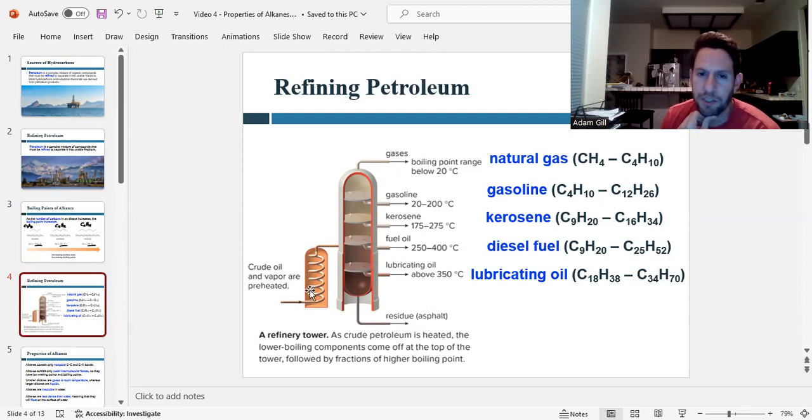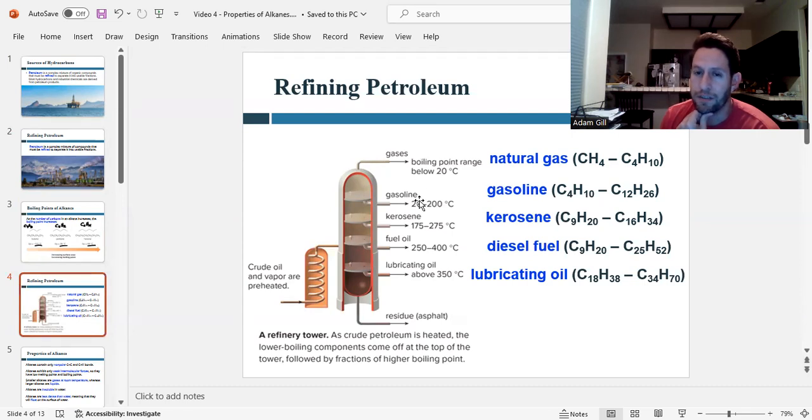So you heat the mixture of crude oil, and everything that boils below 20 degrees Celsius comes off at the top. This is what we call natural gas. It's basically anything from 1 to 4 carbons. So methane, ethane, propane, butane, these all come out as natural gas.